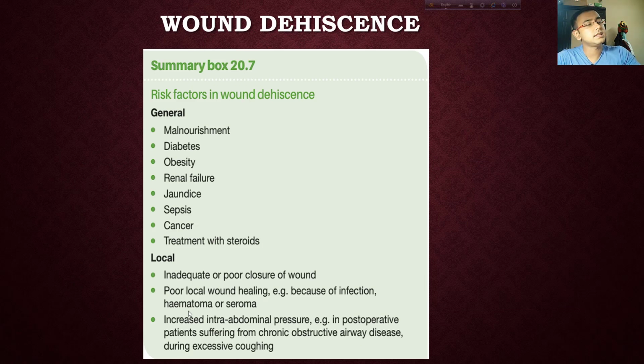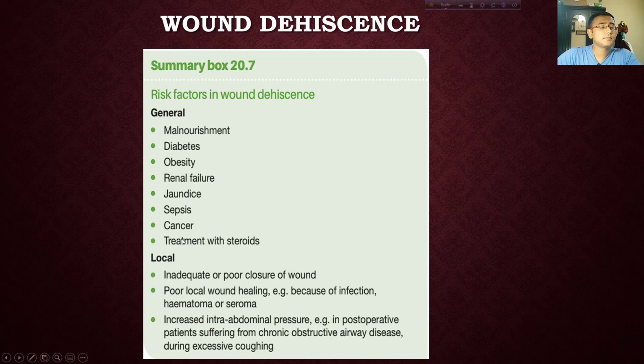Now wound dehiscence is a postoperative complication where the wound is ruptured. What are the risk factors? Malnutrition, diabetes, obesity, renal failure, jaundice, sepsis, cancer, steroid treatment. You all know that because it was already discussed in the wound healing chapters.